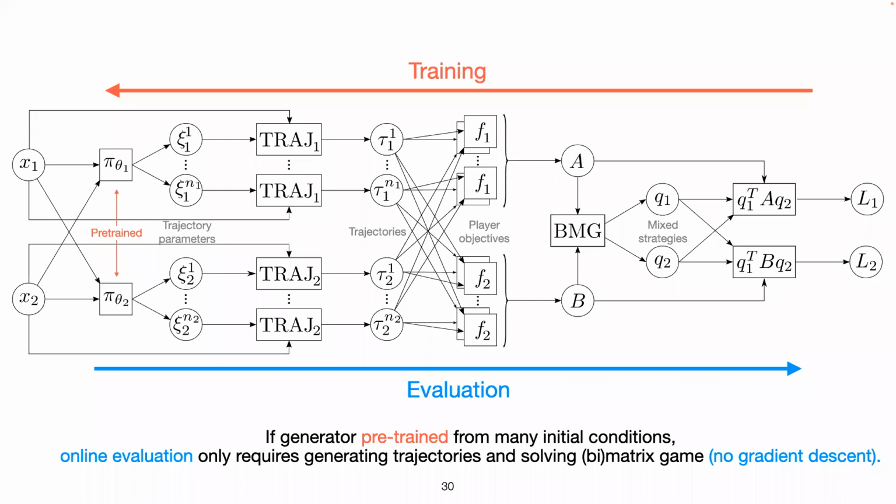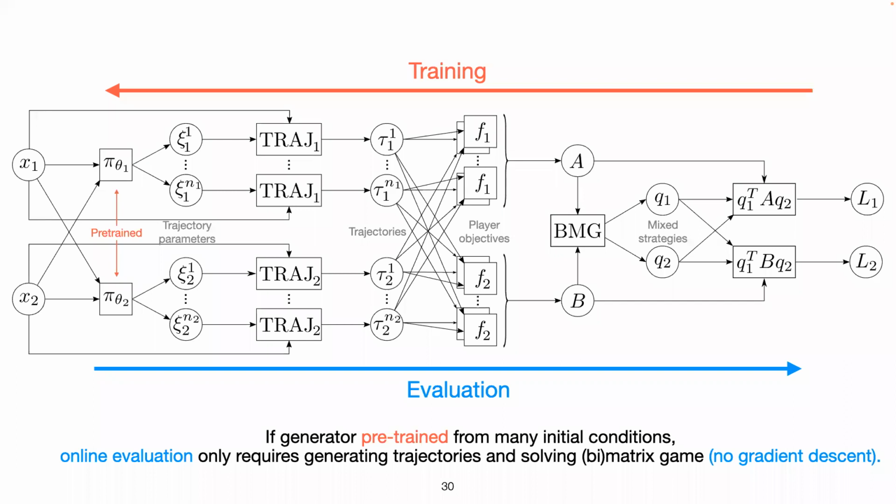Each player has a particular objective that hopefully is smooth, that yields matrices that define a bimatrix game in this case. Given a bimatrix game, there are great algorithms out there to find mixed Nash solutions to those games, and that gives us a value of each player's objective at Nash.